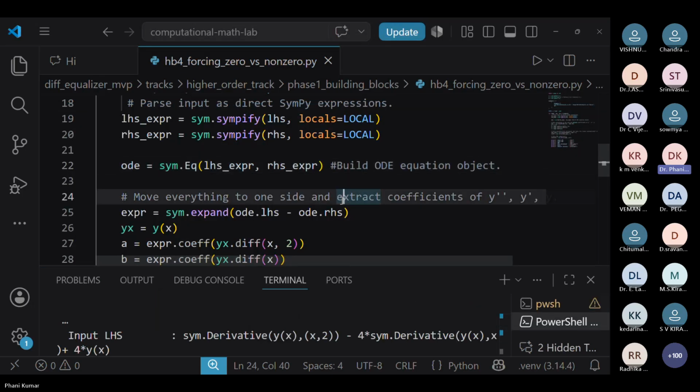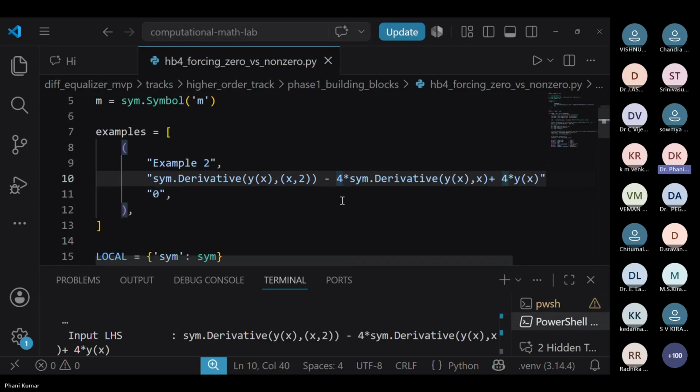Now we'll see the complex roots. Suppose we are going to take d square y by dx square plus y. So I am not going to take this minus 4 sim dot derivative of y of x. Simply I am going to take plus y of x. Right.